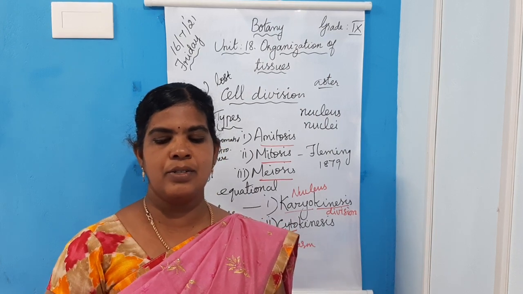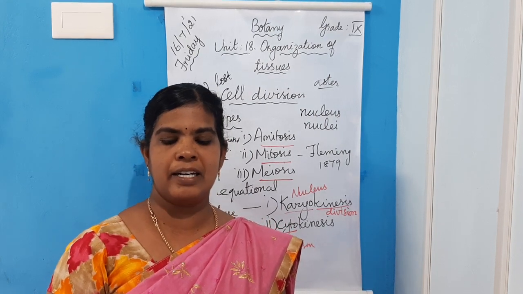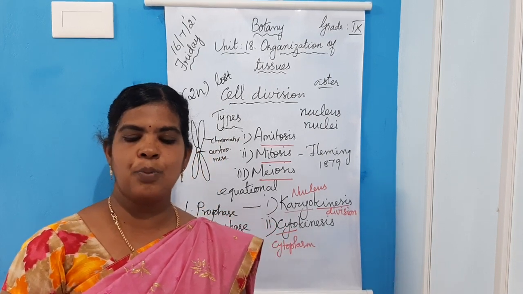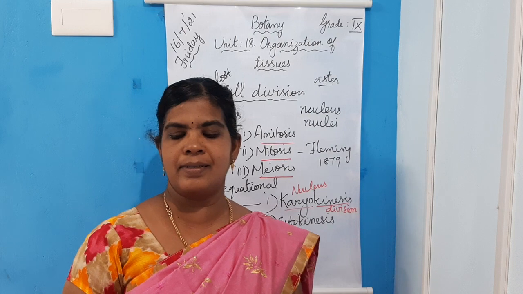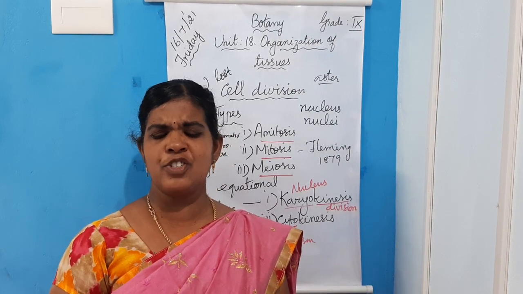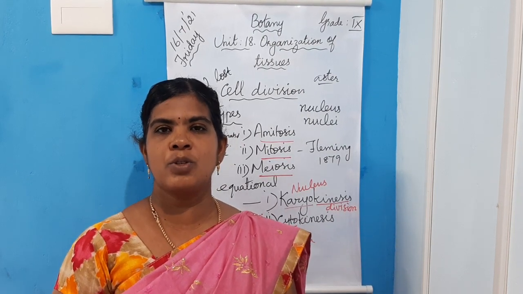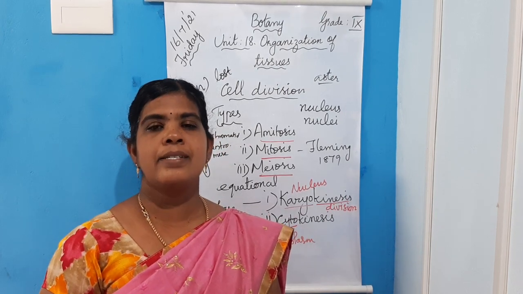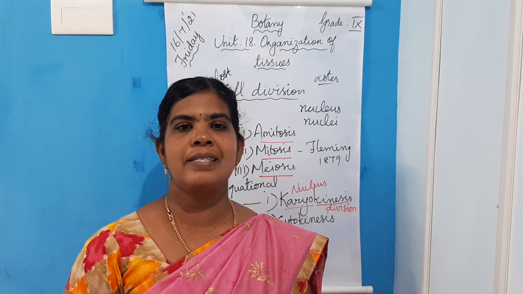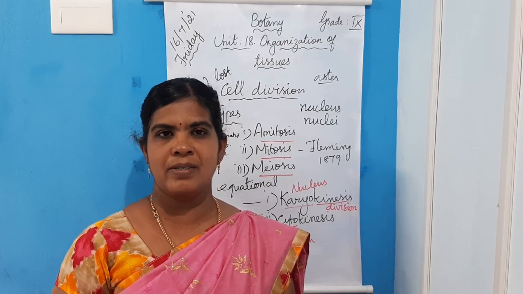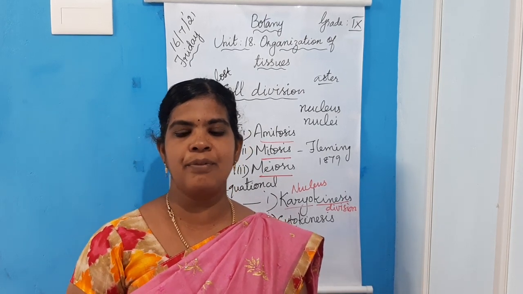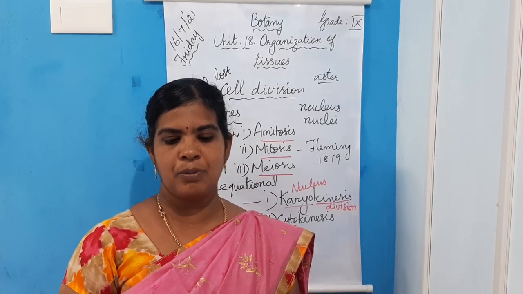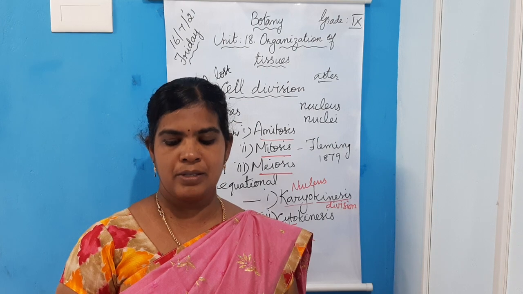In the same page, second paragraph: the division of cytoplasm into two daughter cells by constriction of the cell membrane is called cytokinesis. Next question, write down the significance of mitosis. You have to mark three points.